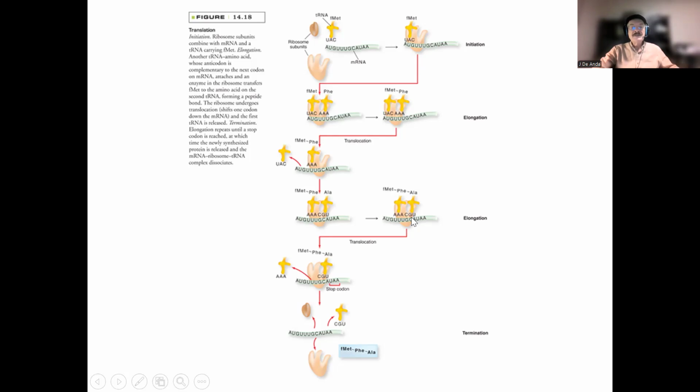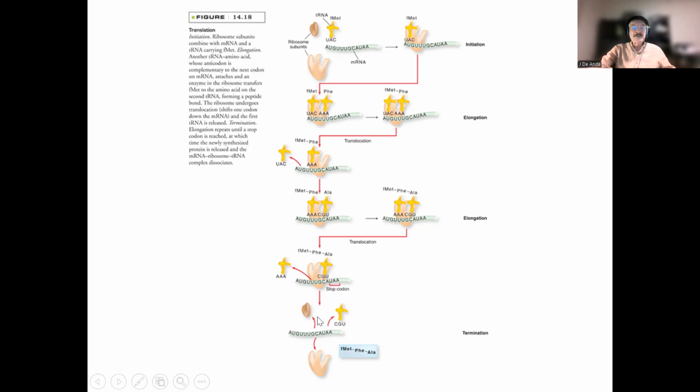The system has to shift, and we call this translocation. In other words, every time you're going to add a new amino acid, these guys have to shift over a little bit because the ribosome holds essentially 2 amino acids in there at a time. At the end of it all, you're going to reach some kind of a stop codon, in this case, UAA, and that's going to tell the system that it's time to stop.